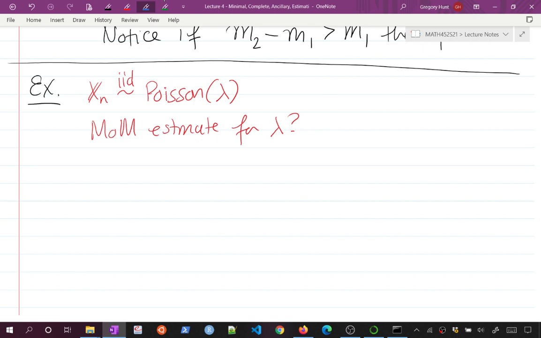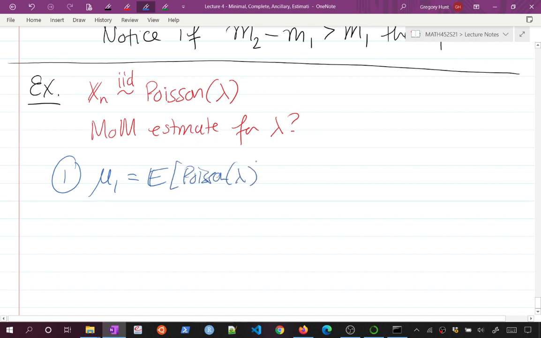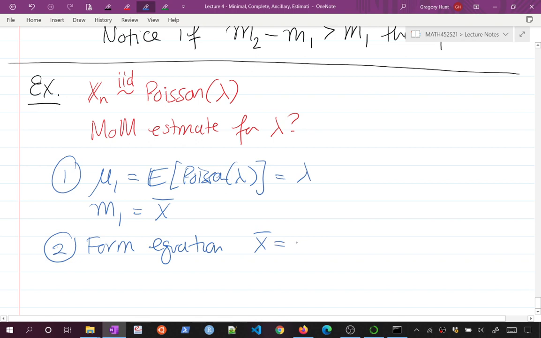Sometimes they're kind of interesting. In this case, we can still go through the steps. Mu 1 is the expected value of our Poisson, which of course is just lambda, and M1 of course is just x bar. Step 2 is form the equation, and our equation would be that x bar is equal to lambda.